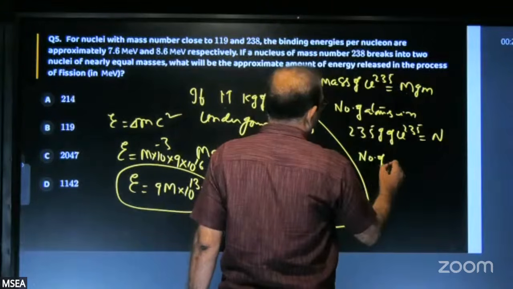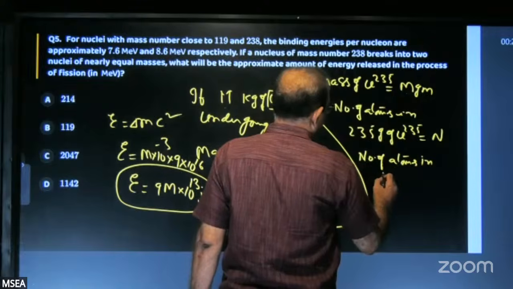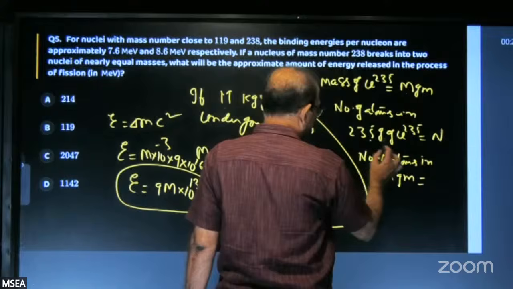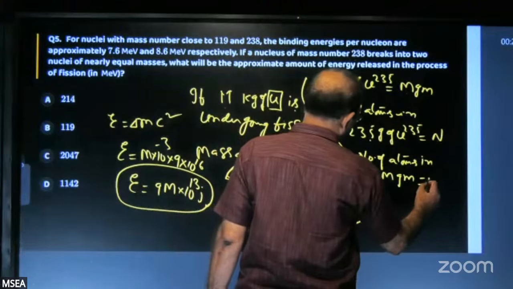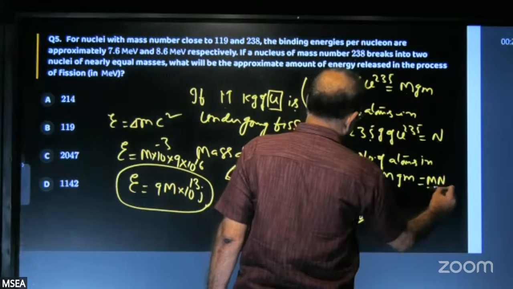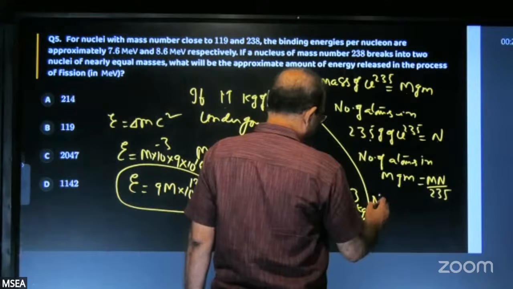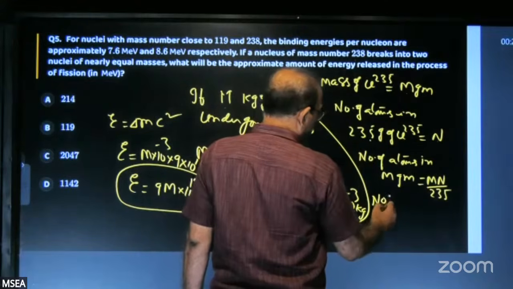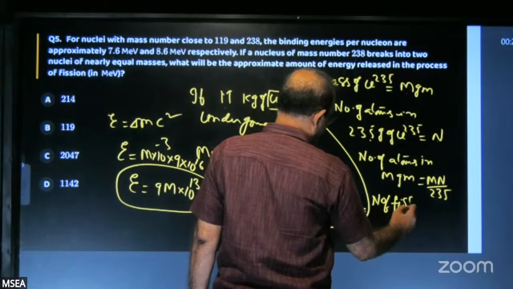In 235 gram, N atoms are there. In m gram, how many? mN by 235 we will get. Every nucleus will undergo fission, so the number of fission reactions.